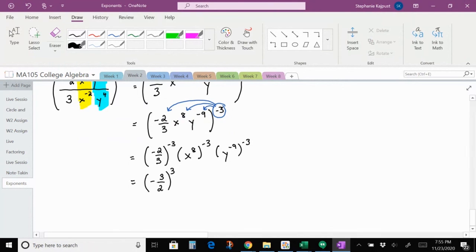So that works differently than if you have a whole number there where it becomes a fraction, or vice versa. So it just flip-flops that fraction to get that exponent to be positive. Now on our variables, you multiply those exponents. So 8 times -3 is -24. And then on the y, -9 times -3 is a +27.